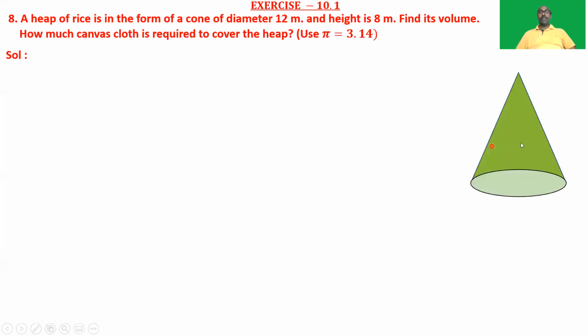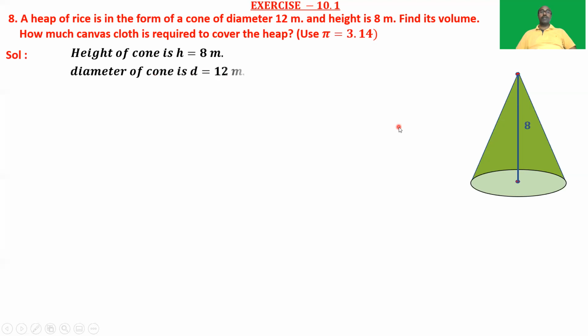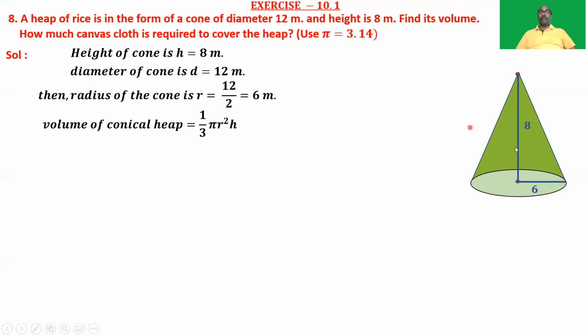Here we have the shape of a cone, and it is given that the height of this cone is 8 meters, and its diameter d is 12 meters, so its radius is 12/2, half of the diameter, which is 6 meters. Now the volume of this conical heap is 1/3 pi r square h, because the volume of a cone is 1/3 pi r square h.